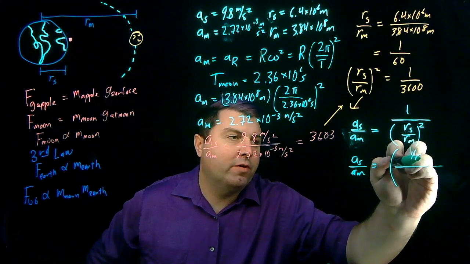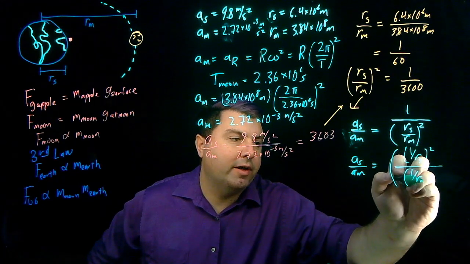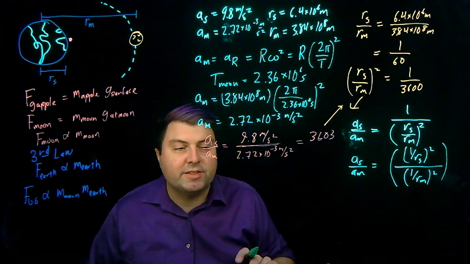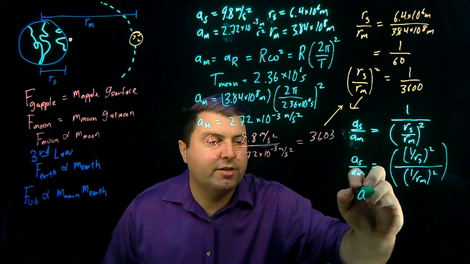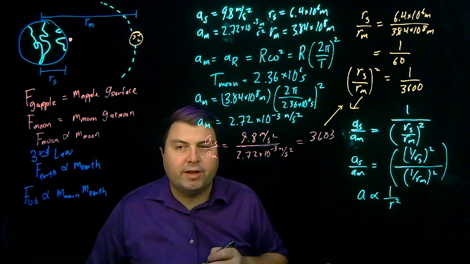This should be then 1 over Rs quantity squared, and this should be 1 over Rm quantity squared. So what this is saying is that our acceleration is proportional to 1 over the radius squared.